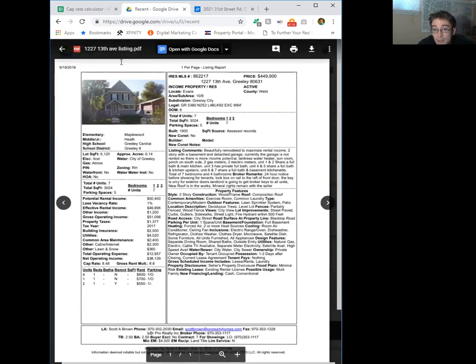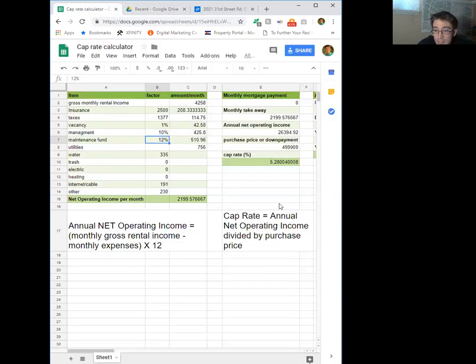My numbers are probably a little more conservative from what he has, because he has most of these factored in. I factor in the management fee and the maintenance fund as well. So that'll take off a few $1,000s, obviously. So my number is a little more conservative.